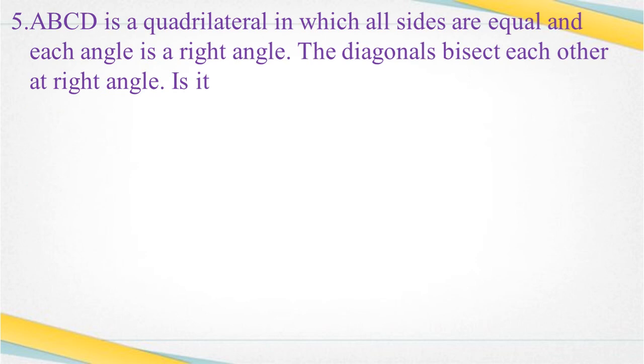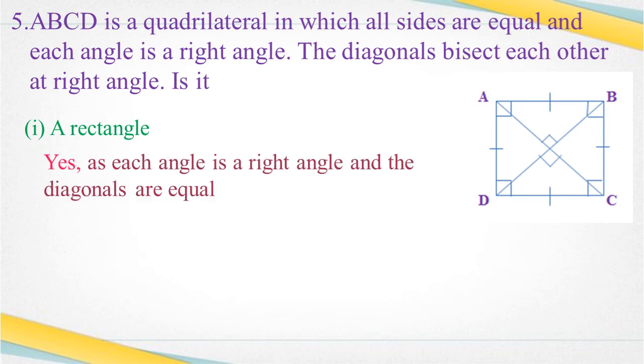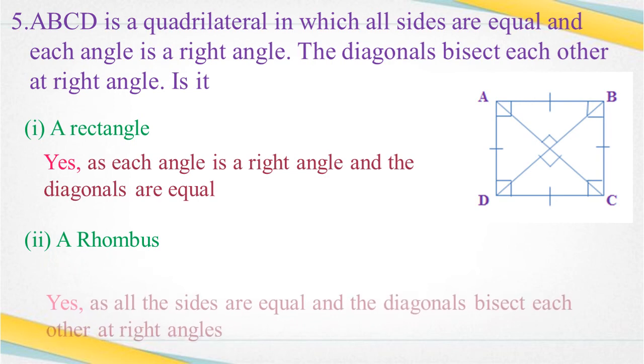ABCD is a quadrilateral in which all sides are equal and each angle is a right angle. The diagonals bisect each other at right angles. Is it a rectangle? Yes, as each angle is a right angle and the diagonals are equal. Is it a rhombus?